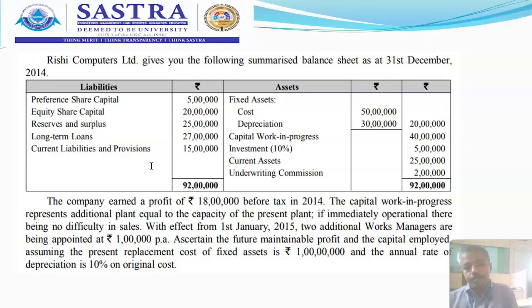But indiscriminate use of past results may lead to an entirely fallacious and unrealistic result. So in that case, we need to focus on that and calculate the profit for determining the working capital.